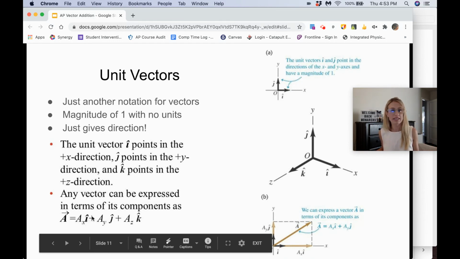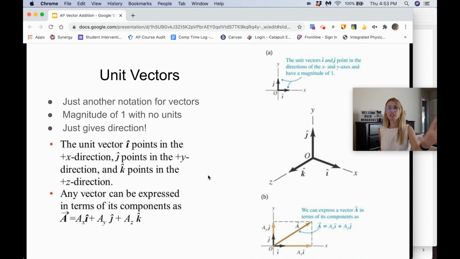All it's saying is that 50 is in the positive x direction, that 40 is in the positive y direction, and that 30 is in the positive z direction. So it's just giving you the directions of the components of that vector. It seems very confusing at first, but it is really not that confusing.